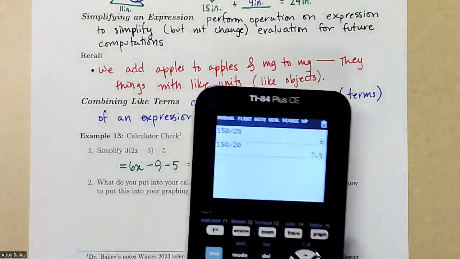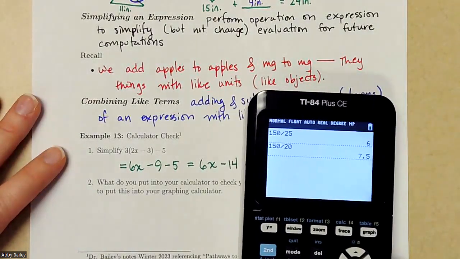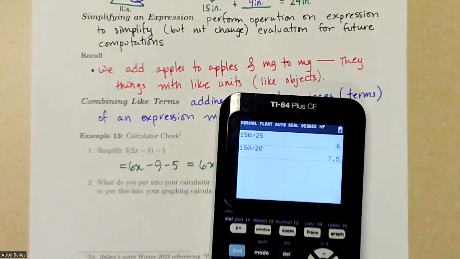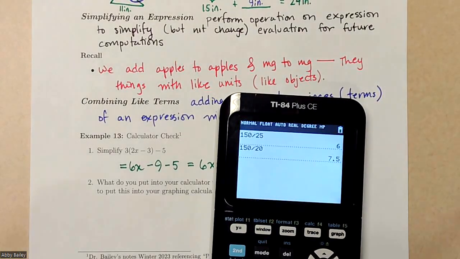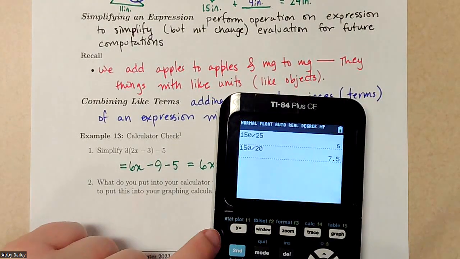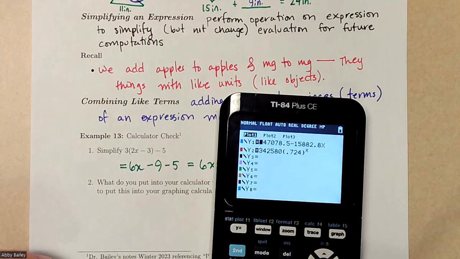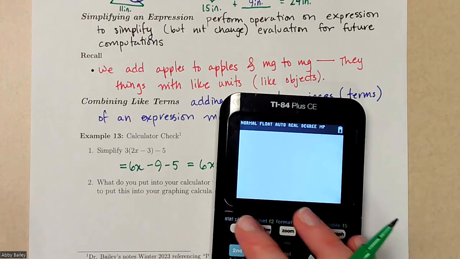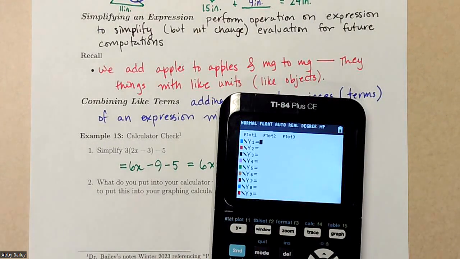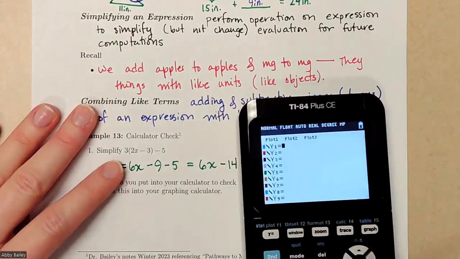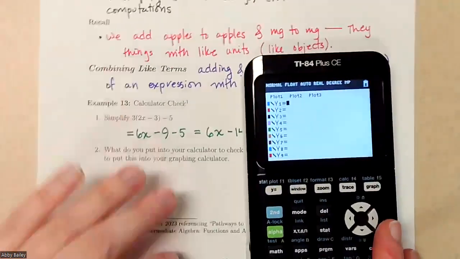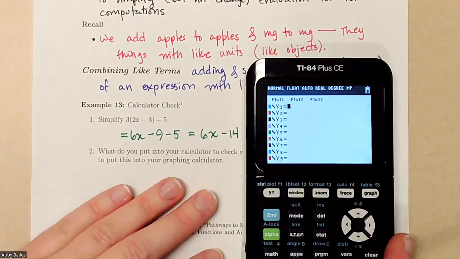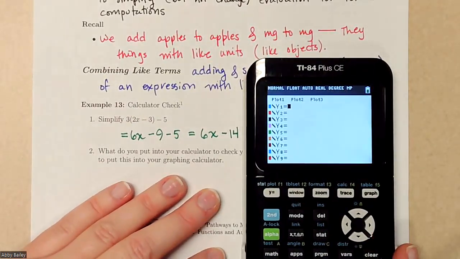First step, turn it on. Here's what we're going to do. I have a lot of stuff in here, so I have to turn everything off. I just cleared everything and turned everything off. If you see that on your calculator, I highly recommend you do that.